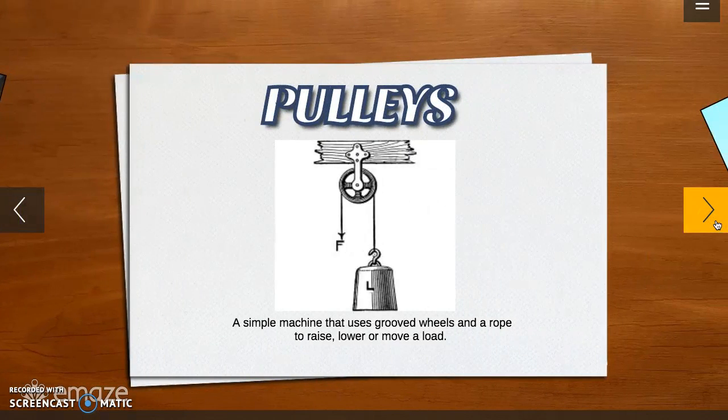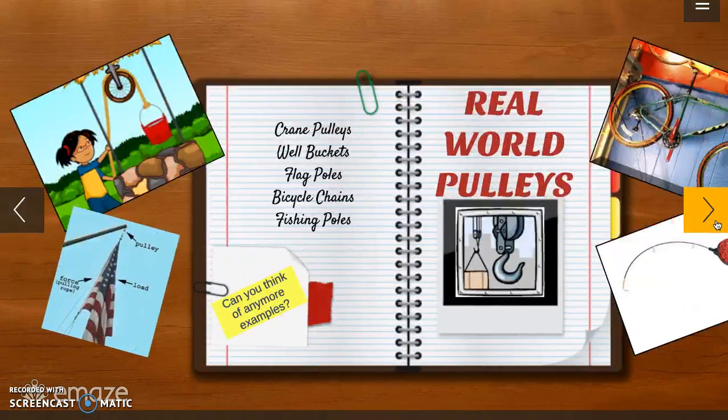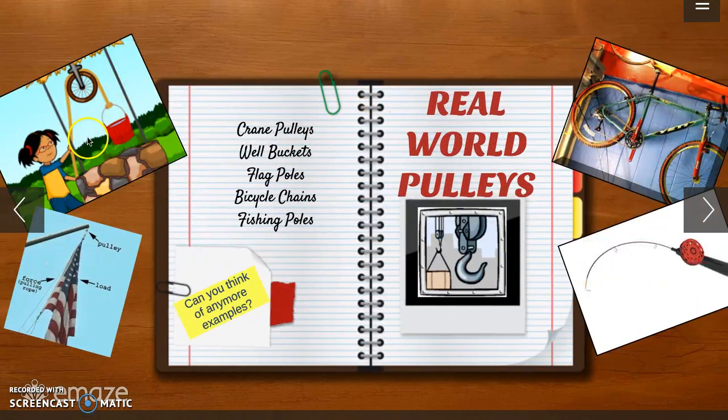Pulleys. Pulleys are a really great tool to use if you're trying to lift a load a high distance. Now, I don't mean a long way, I mean a tall way. A pulley is a simple machine that uses grooved wheels and a rope to raise, lower, or move a load. So you see things like in a well. You use a pulley to lift the bucket.